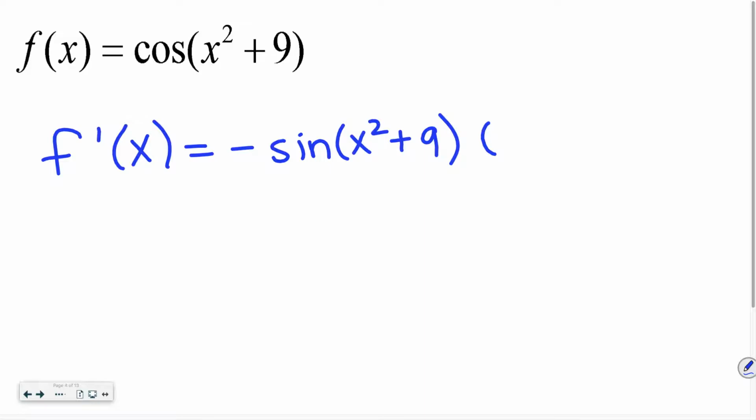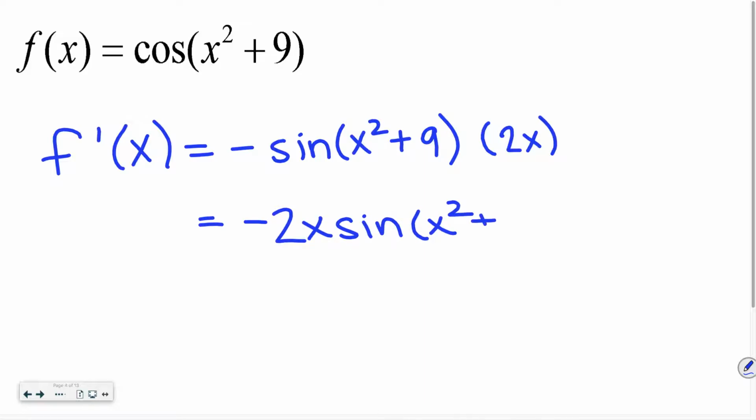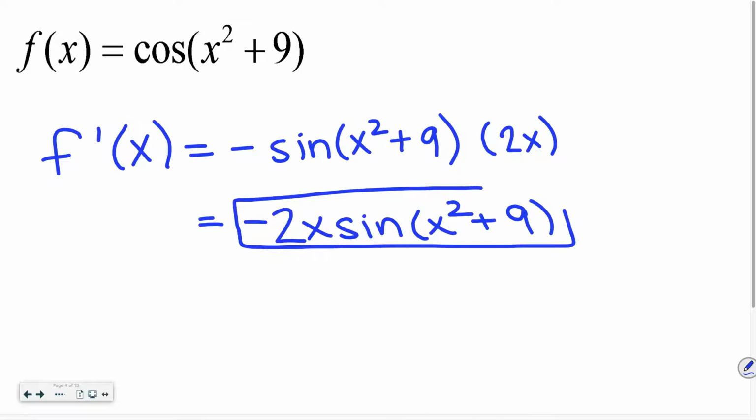Well, inside is x squared plus 9. The derivative of x squared plus 9 is 2x. If it were me, I would go ahead and rewrite this as negative 2x sine of x squared plus 9. I would rewrite it just to make it look a little bit nicer, but it's the same either way.